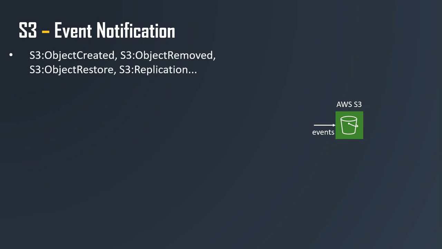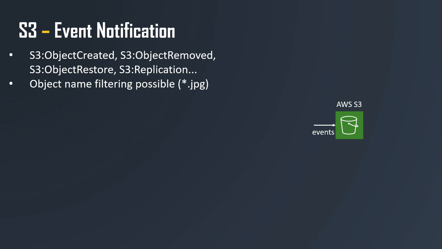Okay, Amazon S3 event notifications. So some events happen in your S3 bucket. For example, this could be a new object created, an object removed, an object that has been restored, or some S3 replication happening, and so you want to be able to react to all these events. You can create rules, and for these rules you can also filter by object names.